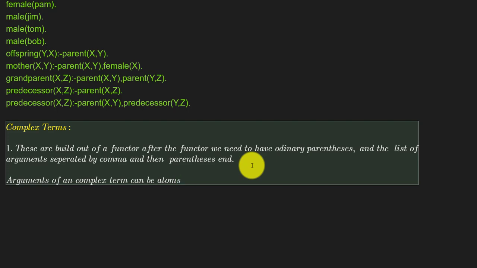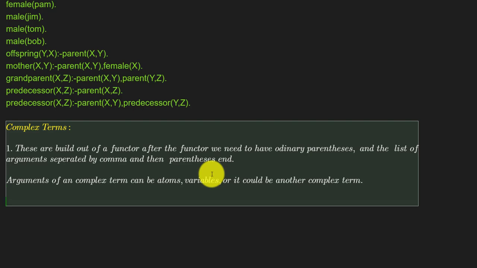This is the atom over here. And it could be variables, just like x and y we are using over here, or it could be another complex term as well, like this one further. Then its input is another further.